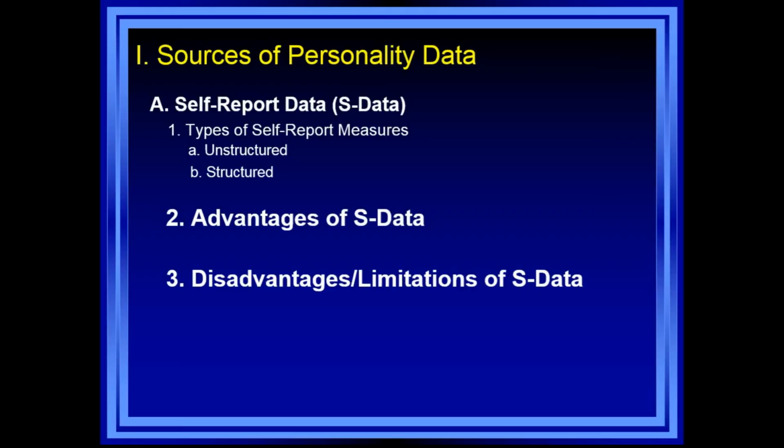Now, intelligence could influence the choice of words or adjectives that somebody uses to complete something like that. Even whether they can complete it 20 times, or how many different ways they could say the same personality trait. You could see how intelligence could have an influence on that. And that's not what we want. But that's a potential disadvantage of unstructured, or in general, self-report data.